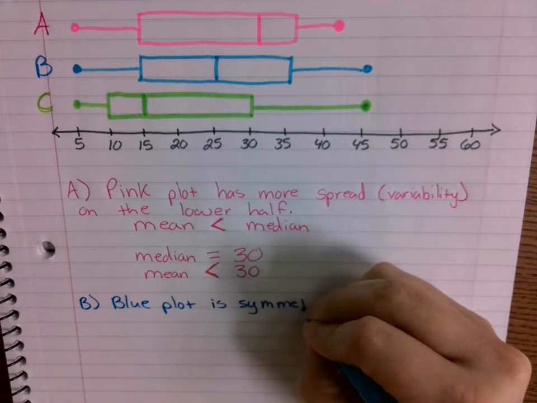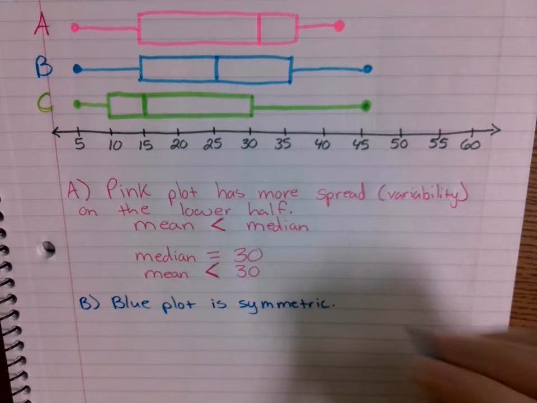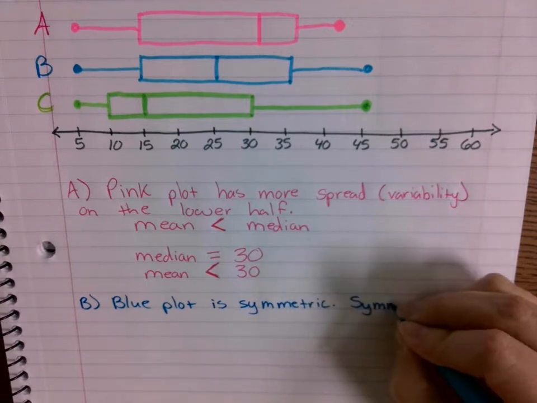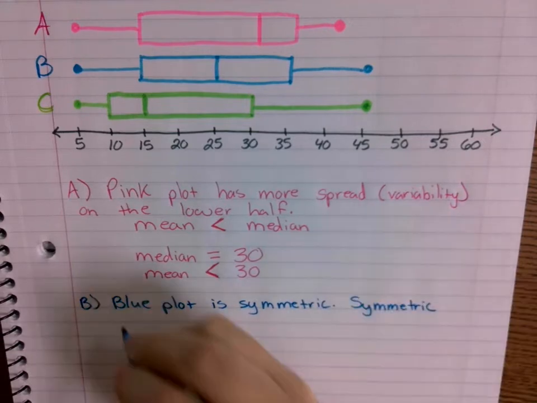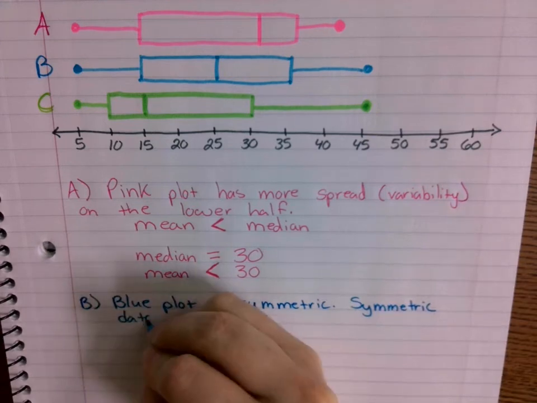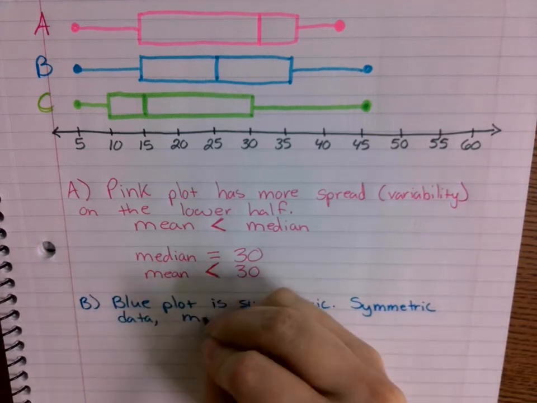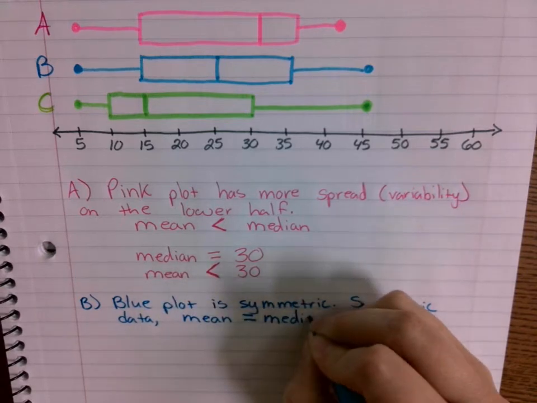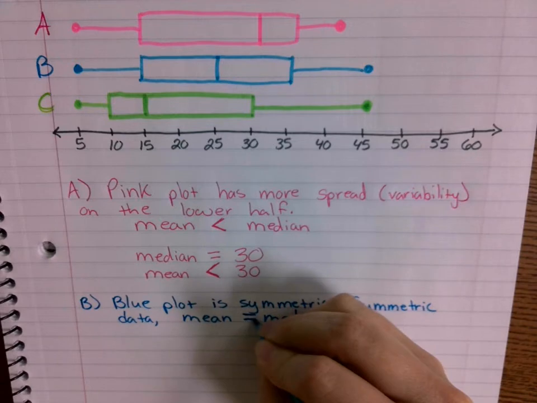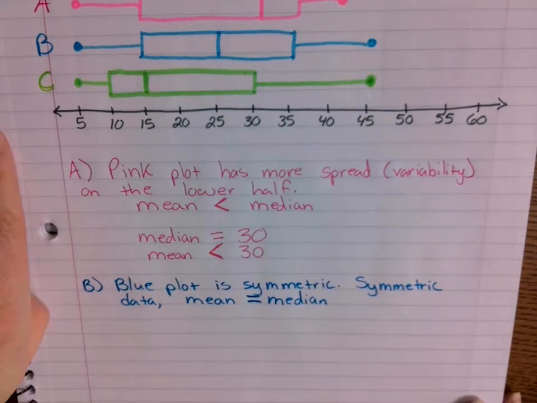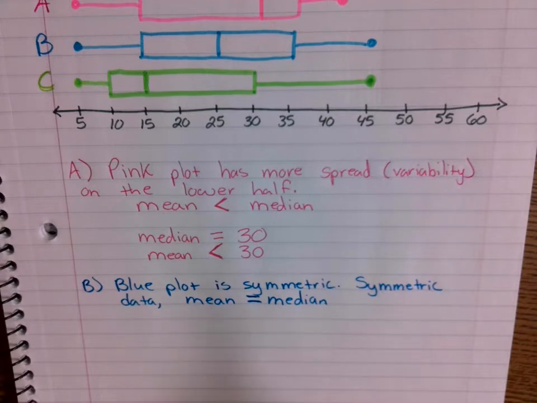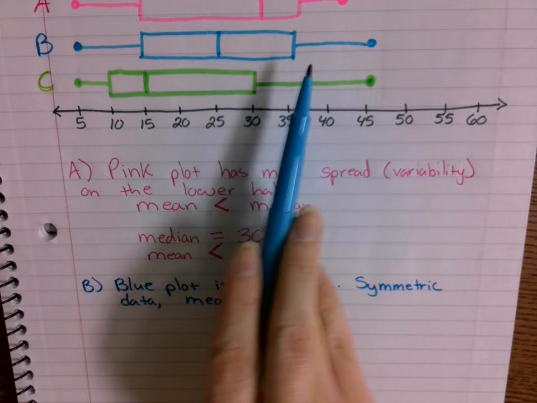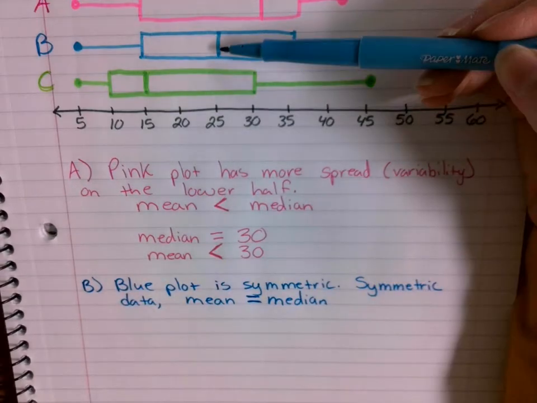Okay, and when we're talking about symmetric data, it's really important to know that if you've got symmetric data, that means that the mean is going to be exactly equal to the median. This is the only time that we can tell what the mean is for a box and whisker plot. If your data is symmetric, then your median is going to be the exact same value as your mean.